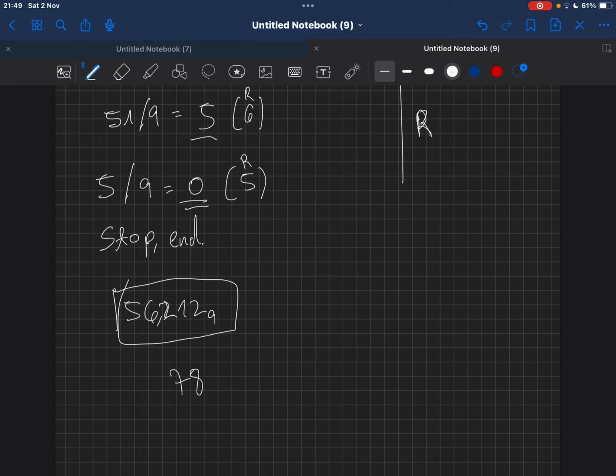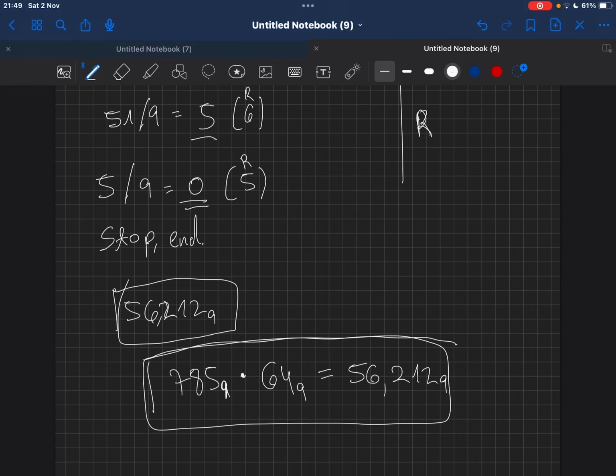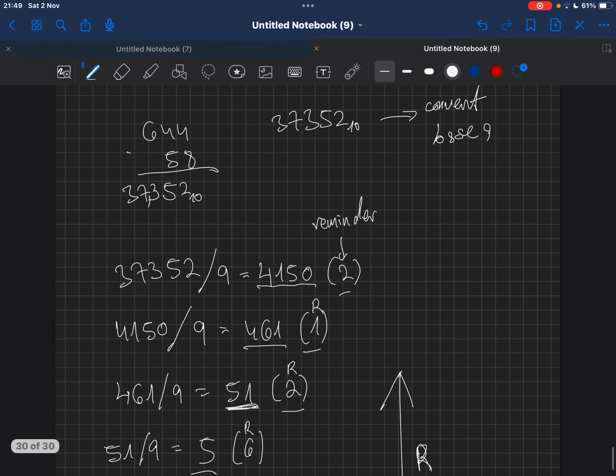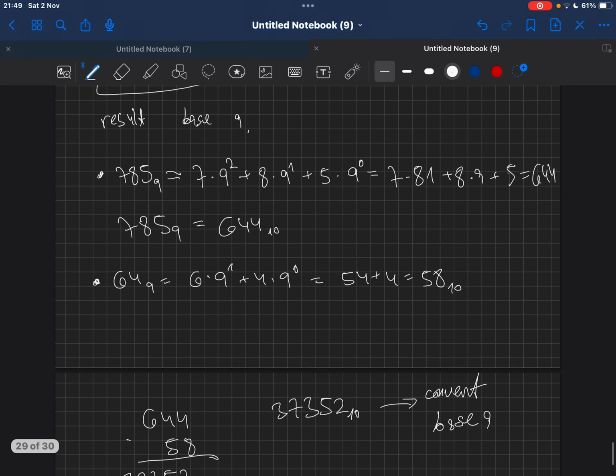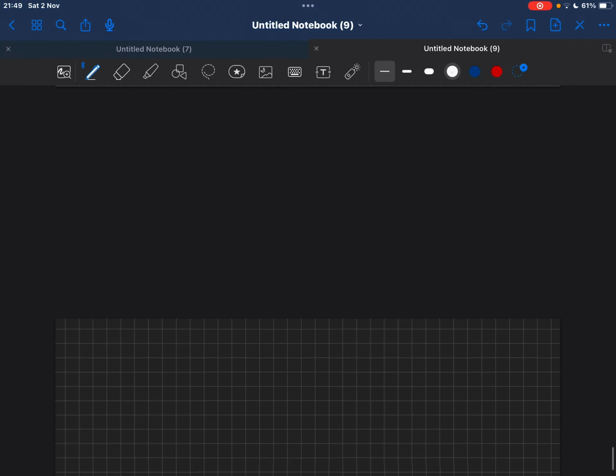So our mission was to take those two numbers in base 9, multiply them, and get the result. And the result is 56,212 in base 9. This is how we can multiply in base 9.